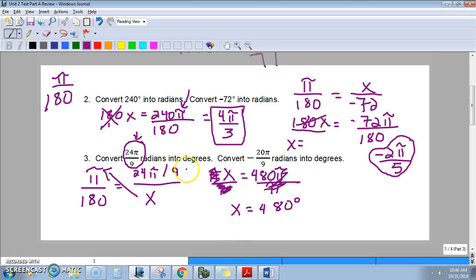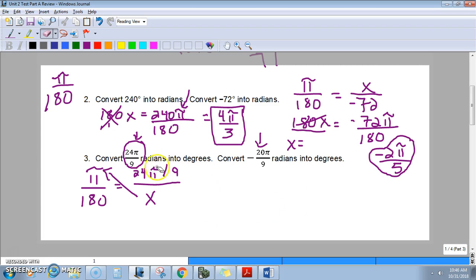So last one, we're going to do the same question, but we're going to change 24 pi over 9 into negative 20 pi over 9. All right, so I'm going to leave everything the same and just change 24 to negative 20 there. So we still have pi over x. And this time we're going to have negative 20 times 180.